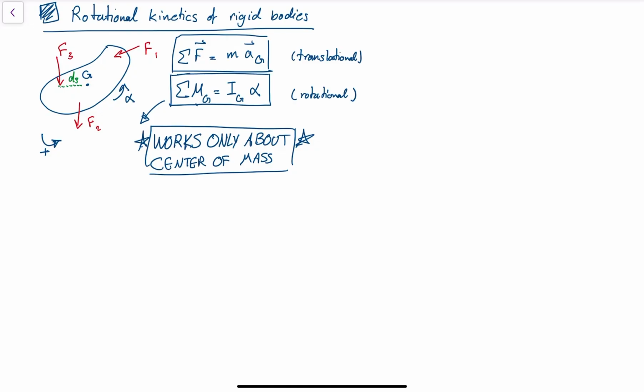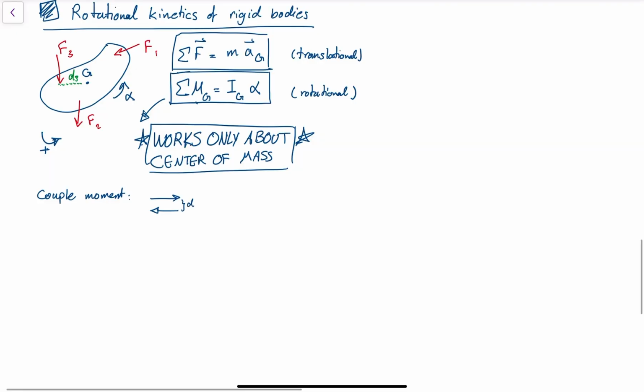One thing I want to mention here is that in the translational domain, we didn't have to worry about these couple moments of two forces. Let me write it here, couple moment. So you have two forces, equal, opposite, a distance d apart. If we have these kinds of situations, we can equivalently take them as just an external free moment.